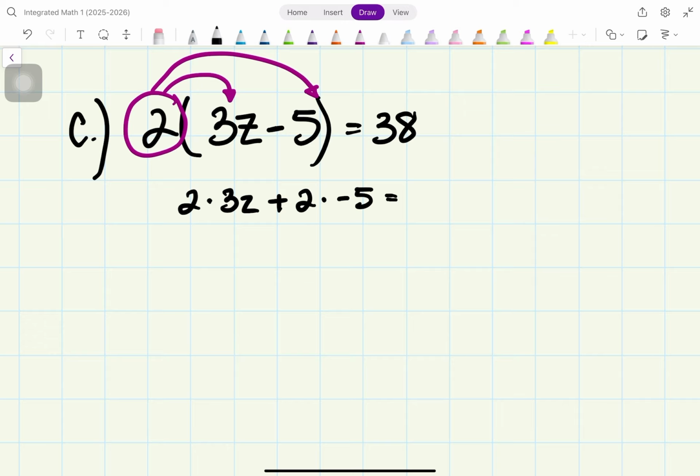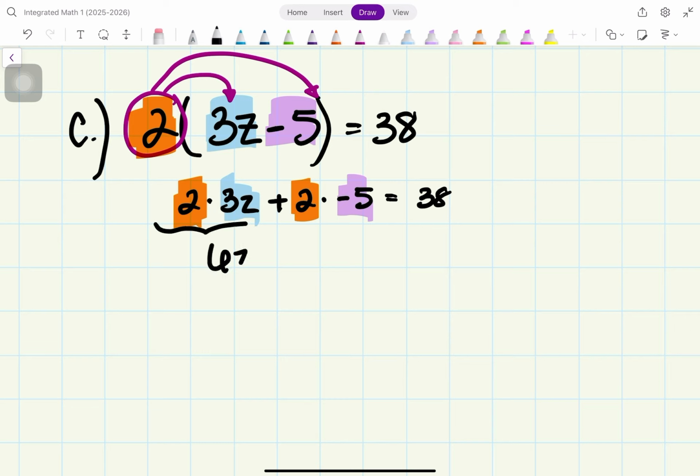I didn't color code it for us here, but let's just show it. The 2 is here, the 3 is there, and the negative 5 is there. So 2 times 3 gives me 6, so that's 6z. And then 2 times negative 5 is negative 10. And that is going to be equal to 38.